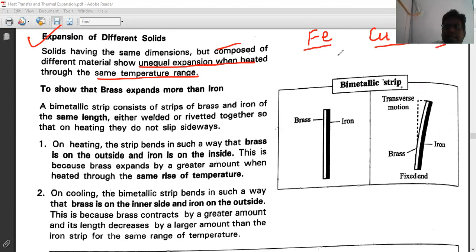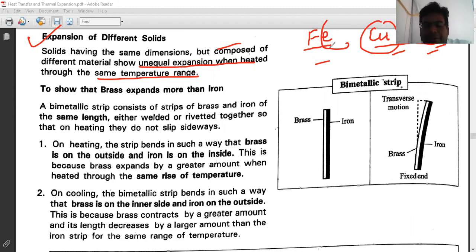So by heating with the same temperature, these different metals will expand differently because their internal structure is different; these three metals have different atoms. That's why they expand unequally when heated with the same temperature, right?